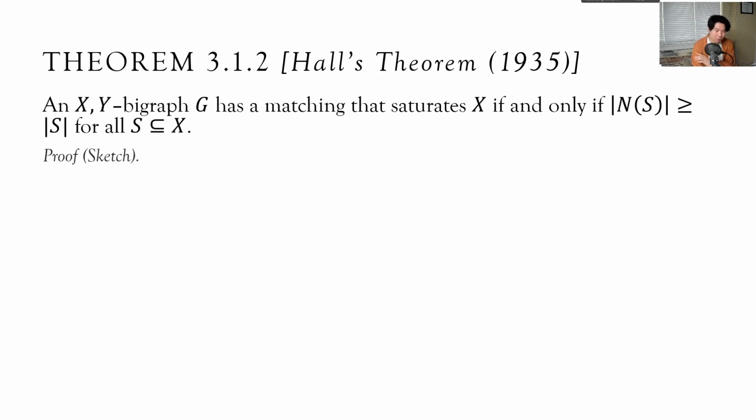I'm going to provide a little bit of a proof sketch. This is an if and only if statement, so we need to prove the forward direction and then the backward direction.